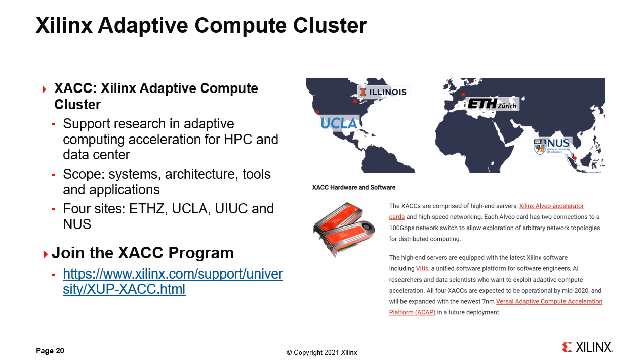There are four sites all over the world: ETH Zurich, NUS, UCLA, and UIUC. Each of the sites is equipped with Xilinx Alveo accelerator cards, and we also provide remote access to use these acceleration cards. Here is a link you can see at the bottom left to join this program.